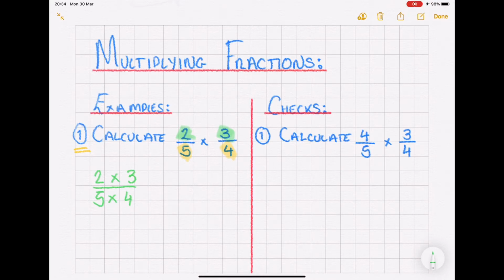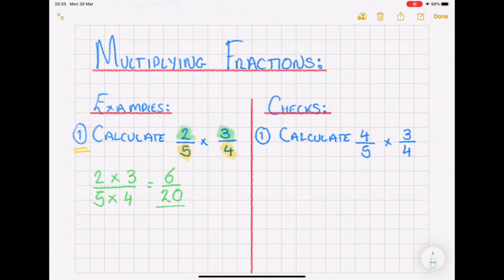And now we take this one step further by actually doing the sum. So 2 times by 3 is 6, over 5 times by 4, which is 20. So our answer to the sum 2/5 multiplied by 3/4 is 6/20. Now, this would be an okay answer, but we can take this one step further.